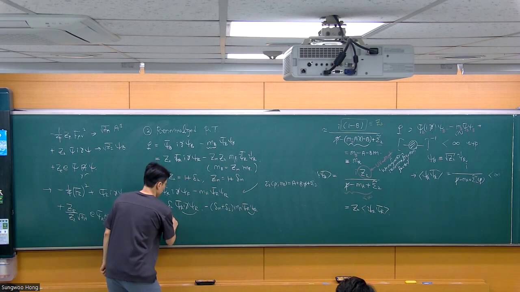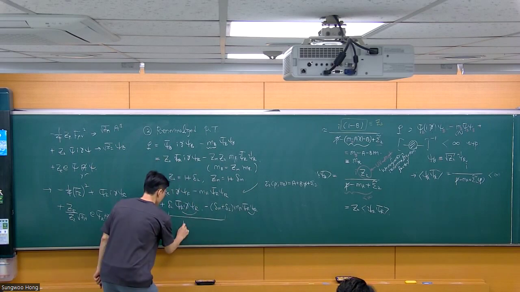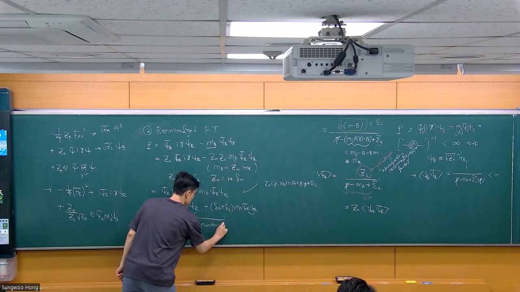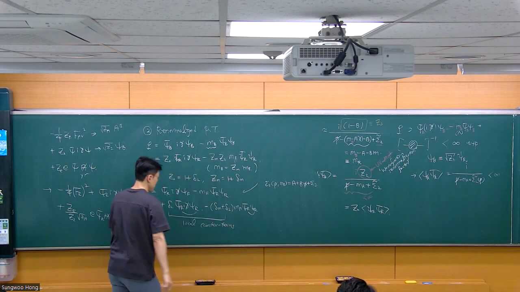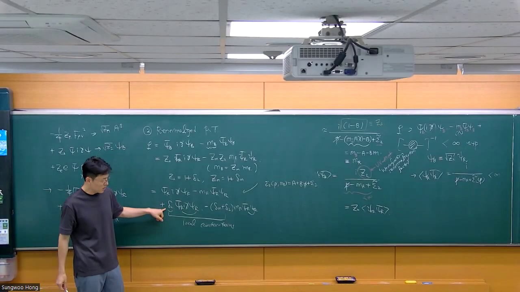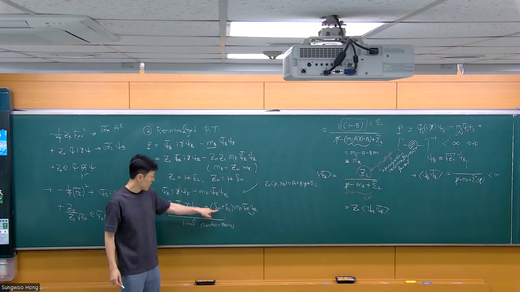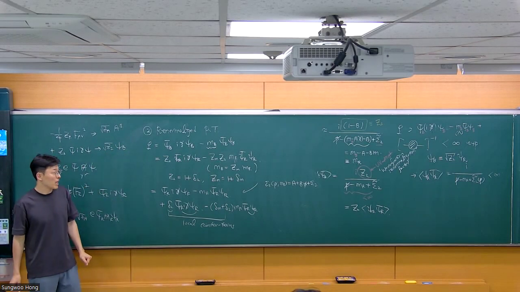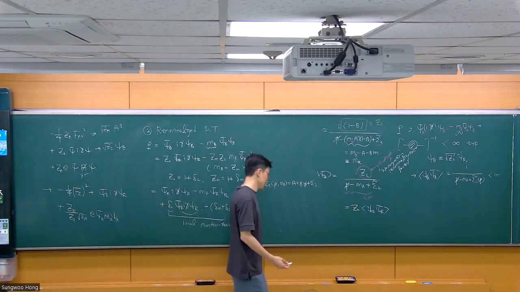These are called local counterterms. For instance, you can call delta 2 the wave function counterterm, and delta m the mass counterterm if you want. But that's the same. Okay, so let's see how things work out.